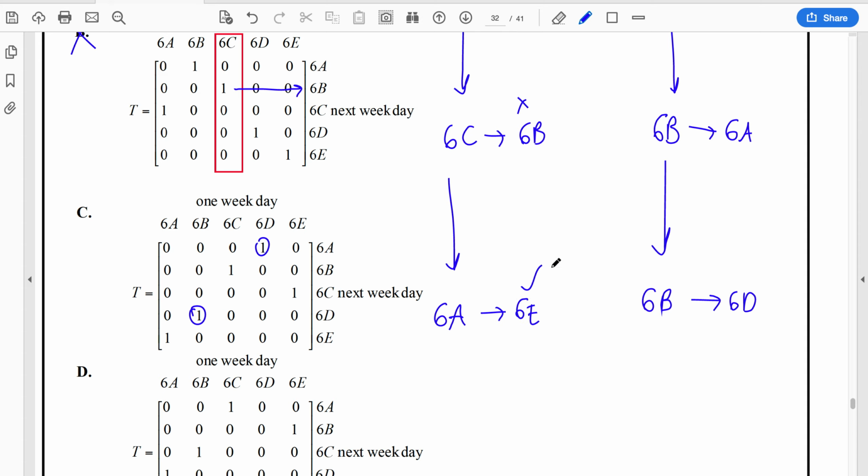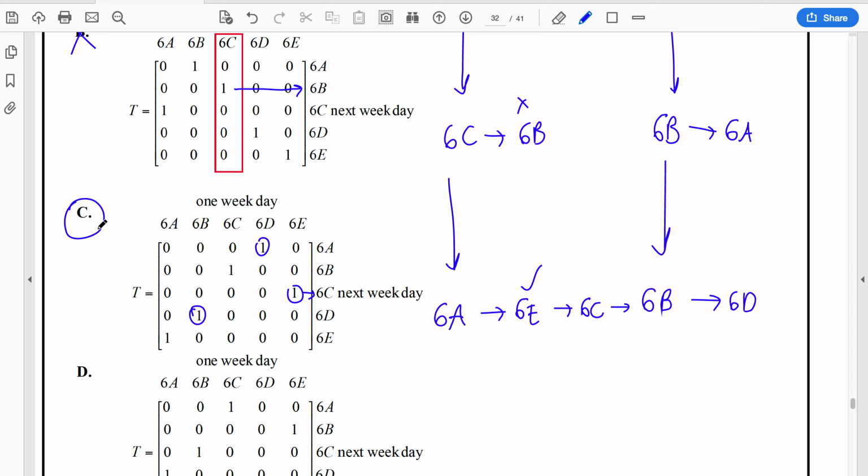This is good. This is what I want. I'll just check that I go to the other class next. So 6E, there's my 1, goes to 6C. And that's good because that's the other class that I haven't visited. And then 6C should go back to B for the next day. 6C goes to B. Perfect. So this here has to be my answer.